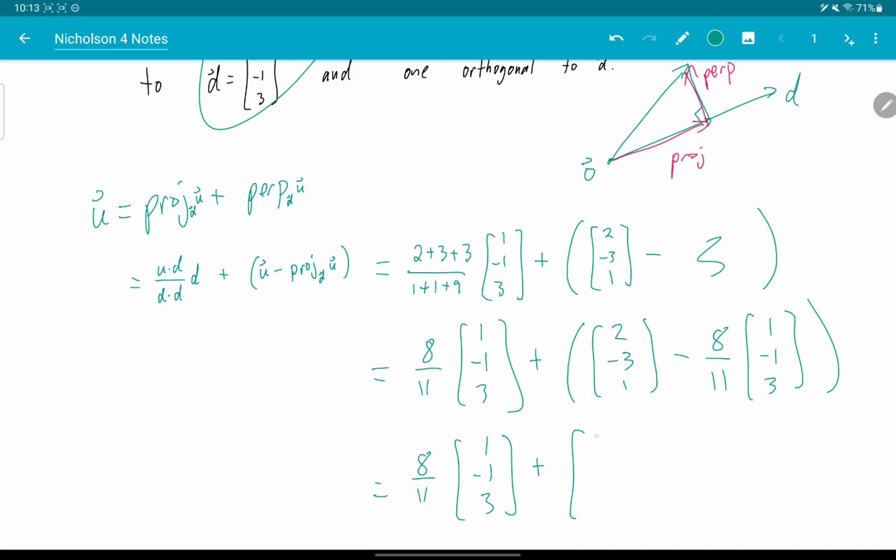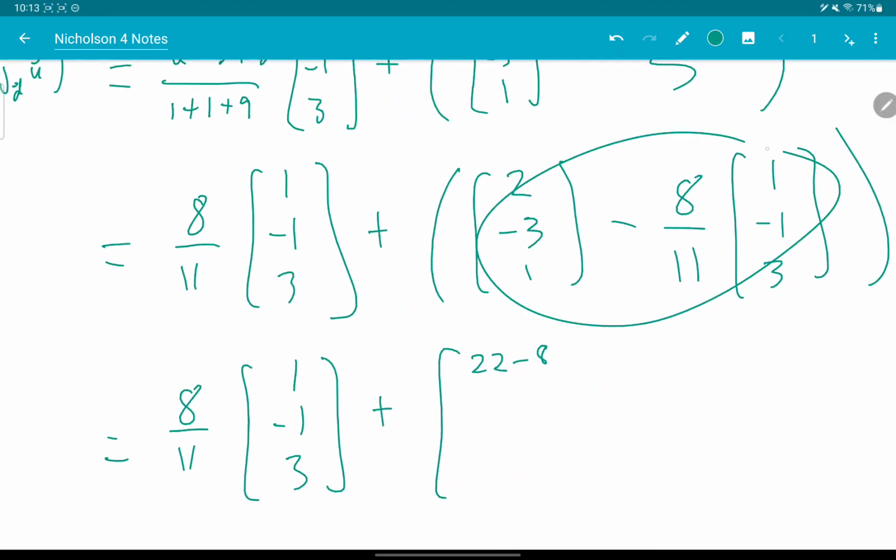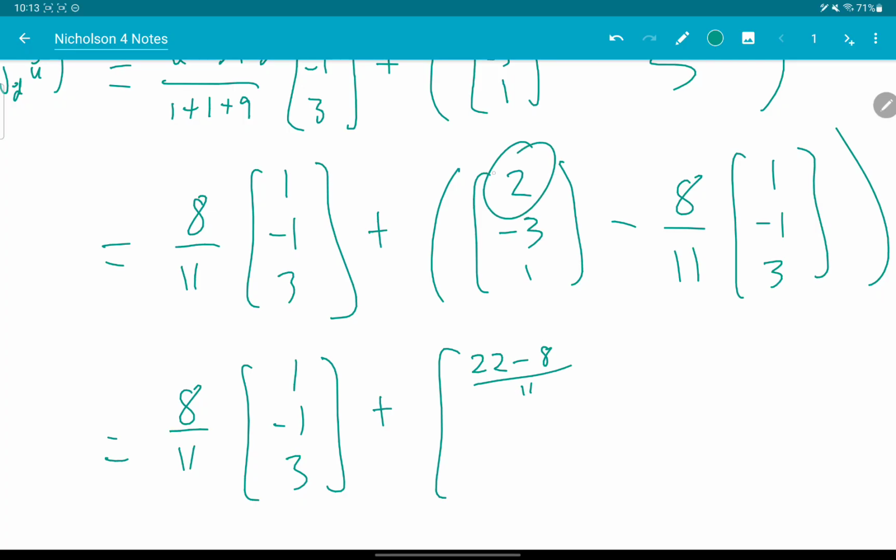So, 22 minus 8. Oh, this is awkward, this calculation. Try not to do too much in one step. Here's my first entry, because the 2 becomes 22 over 11.